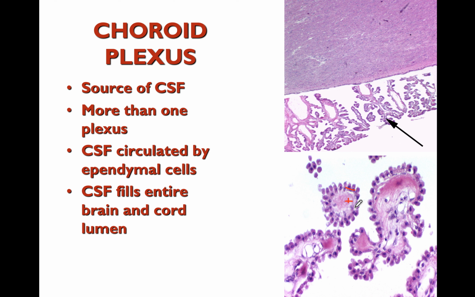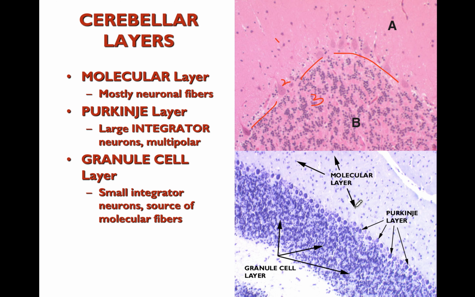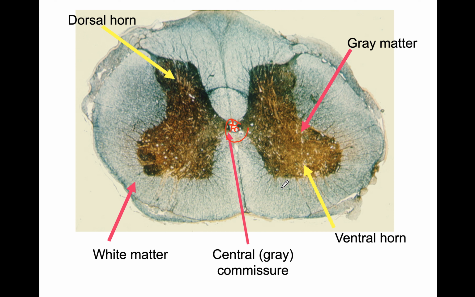Usually, the cerebrospinal fluid has the same components as the blood because it's just a transudate from the blood. And usually this cerebrospinal fluid surrounds the brain from outside and the spinal cord, also filling spaces, for example, the central canal found in the spinal cord and the ventricles found in the brain.